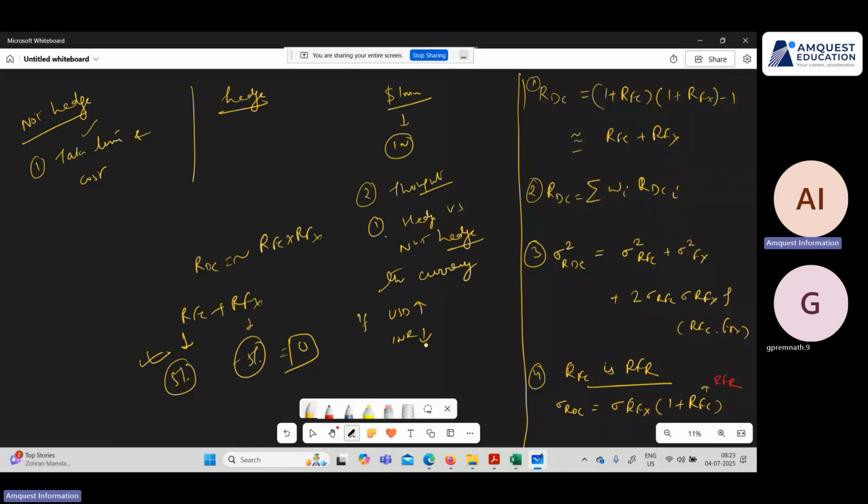One thing. Second thing is, in the long run, they say that the currency always reaches a fair value.